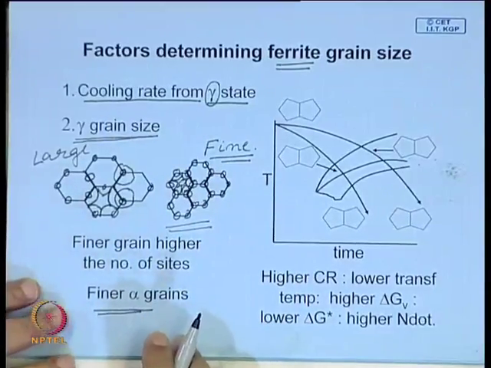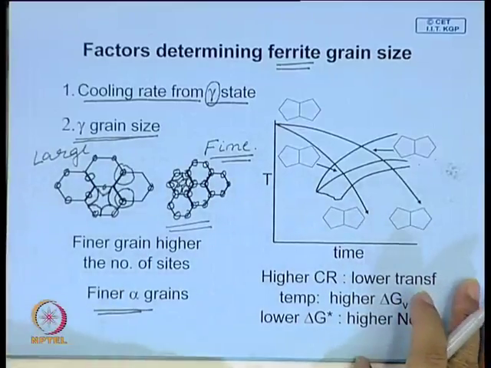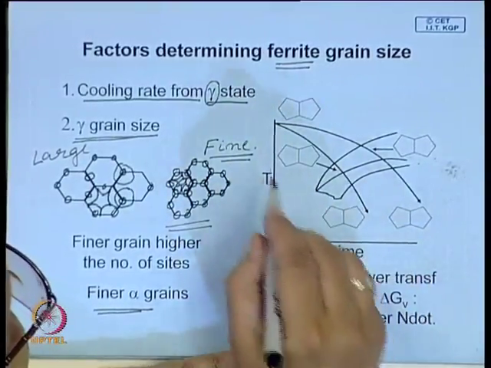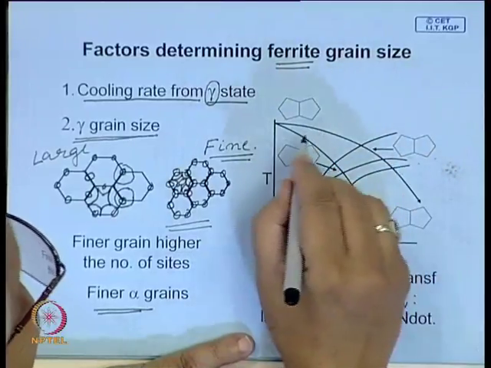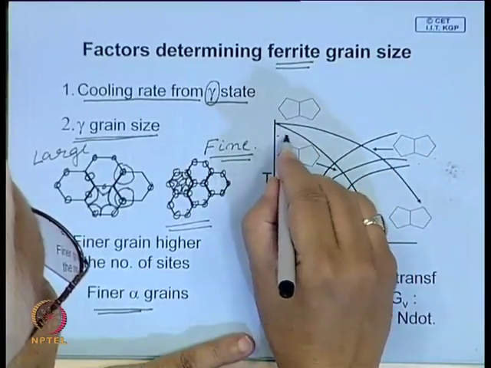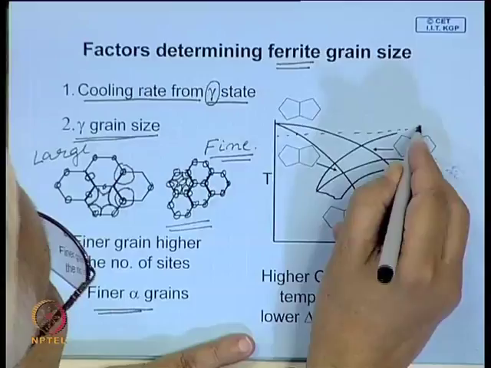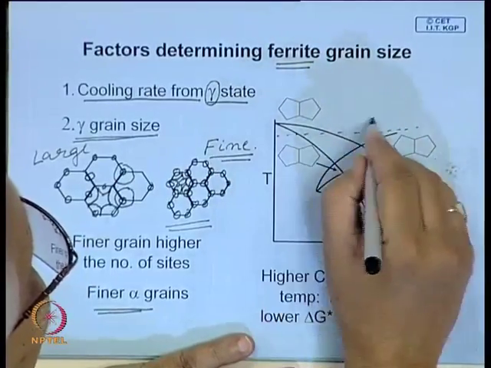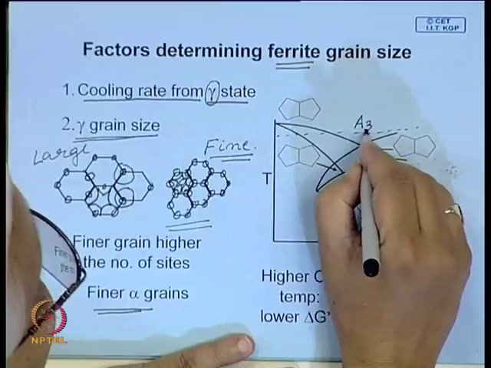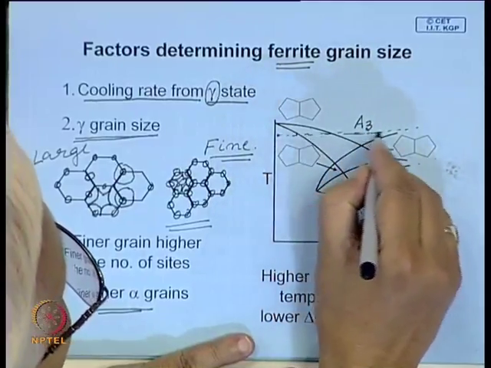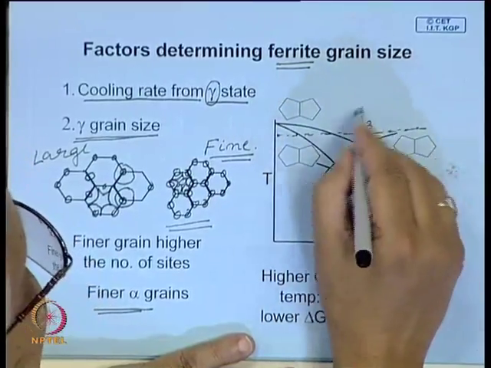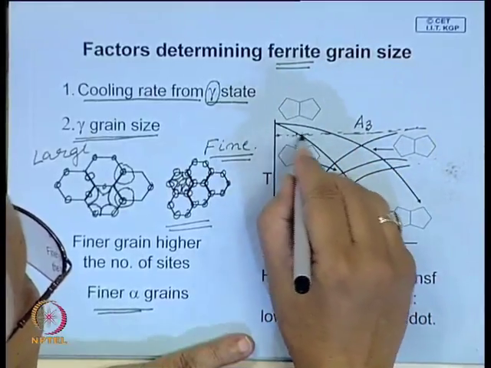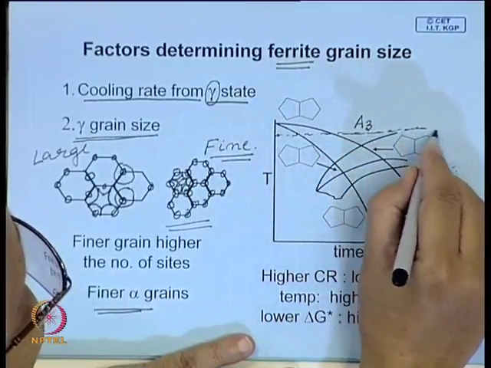And then to understand the effect of cooling rate, we should look at the transformation diagram of the steel. Let us say this is the transformation diagram of the steel. This is the A3 temperature, where during cooling, let us say the ferrite nucleus begins, but here the cooling rate has to be very slow.